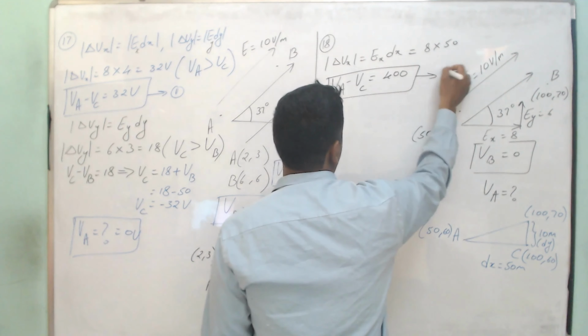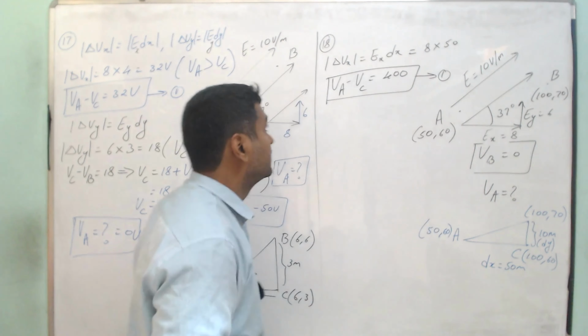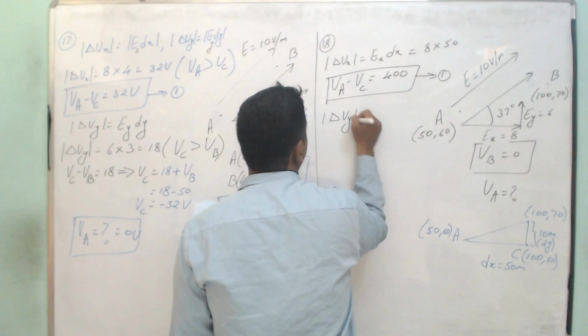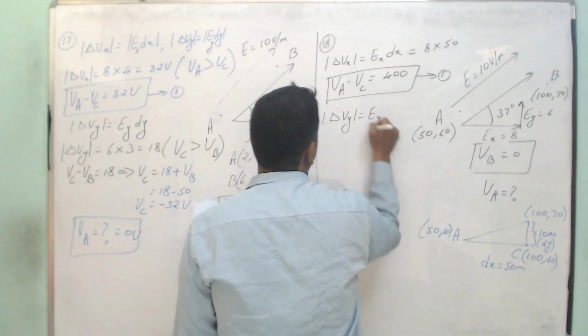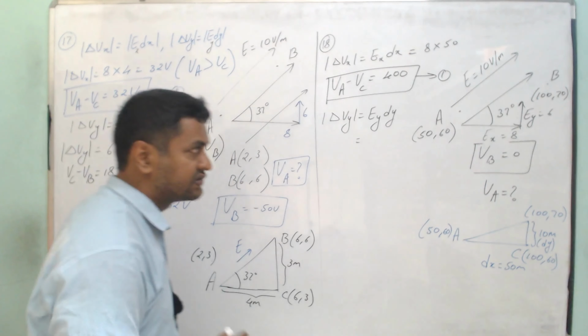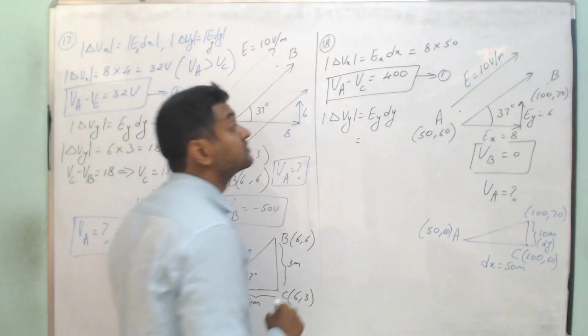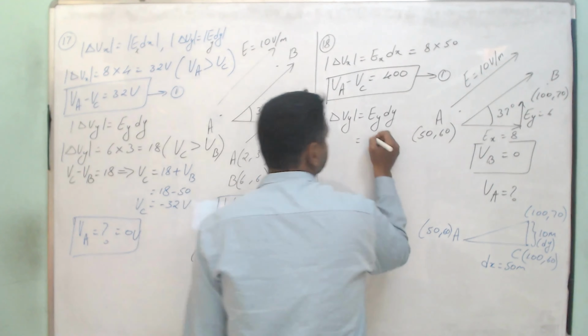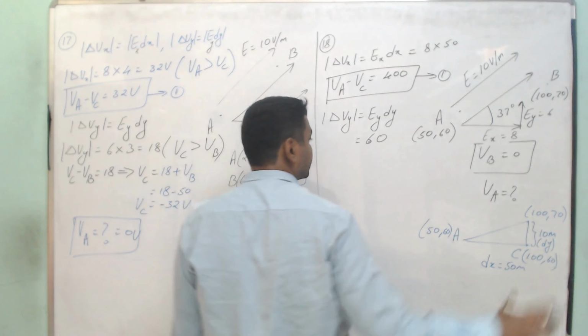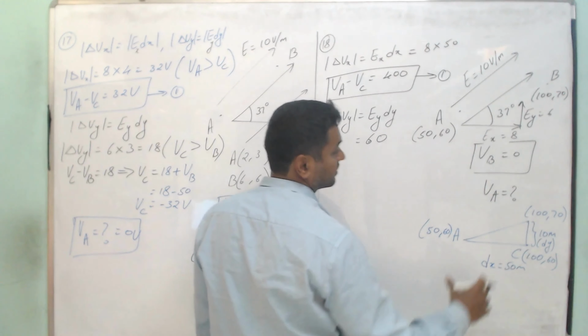Next, magnitude of delta Vy is equal to Ey into dy. What is Ey into dy? 6 into 10, which is 60. Is Vc greater than Vb?